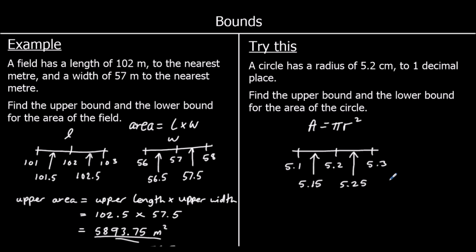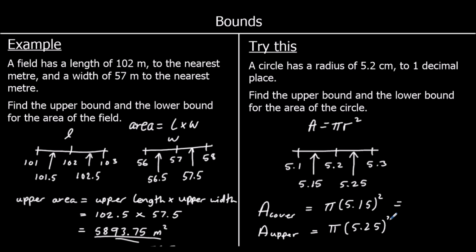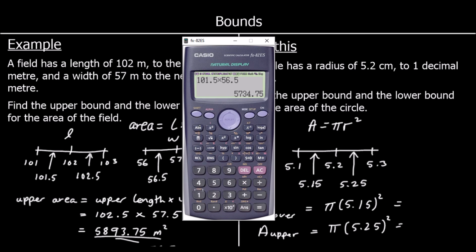So to get the lower bound for the area, we're going to take pi times 5.15 squared. And for the upper, it's going to be pi times 5.25 squared. So pi times 5.15 squared.